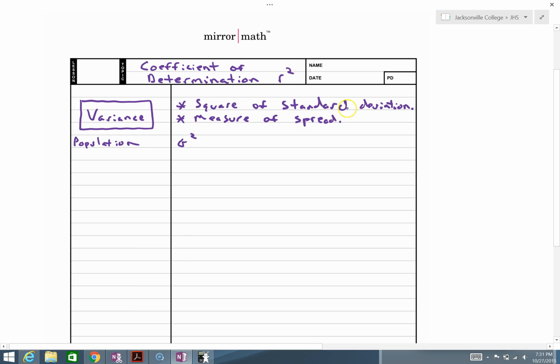Just like the population standard deviation is sigma, population variance is sigma squared. The sample variance is s squared. So you can see that these symbols are the same symbols as their standard deviation brothers.